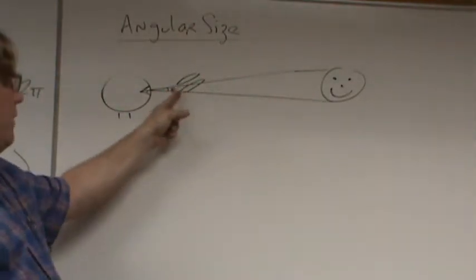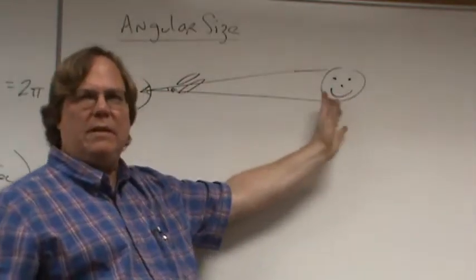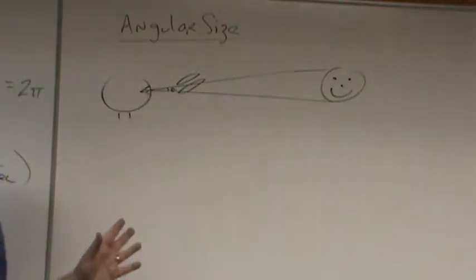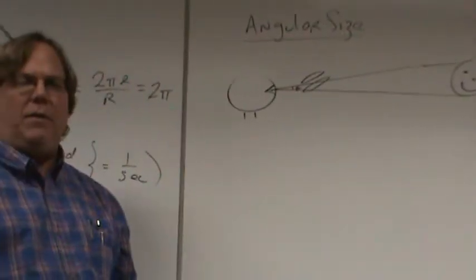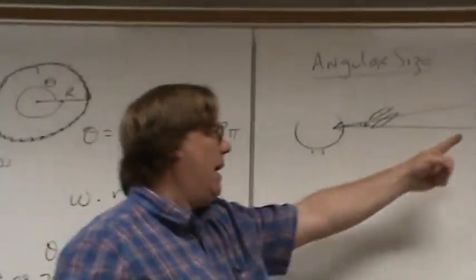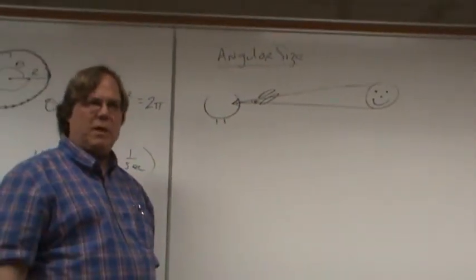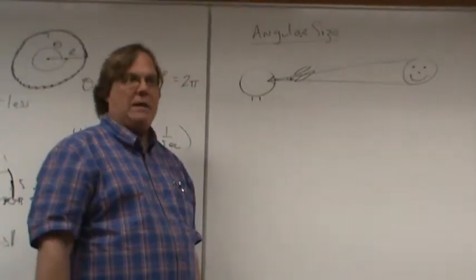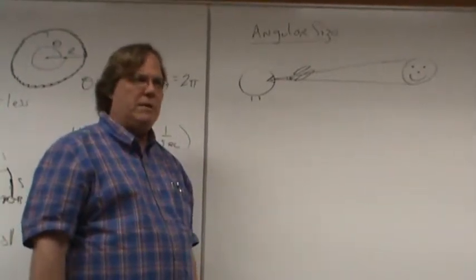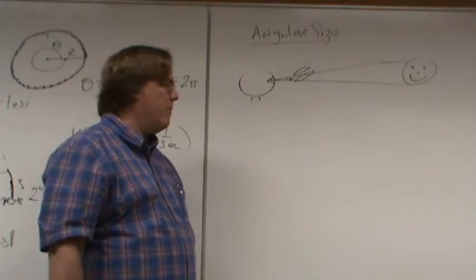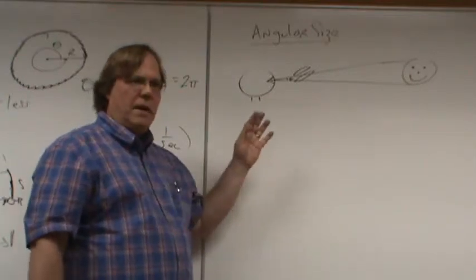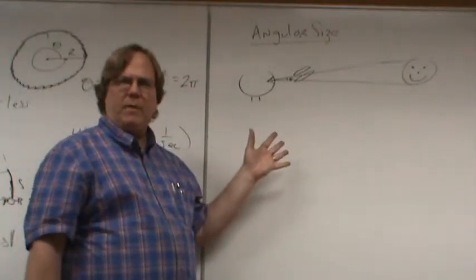The arc that my fingers subtend is the same as her head subtends. And this is the idea of angular size. Sure, her head is not the same size as the space between my fingers, but the angular size of her head is the same as the angular size of the space between my 2 fingers. And that's how we as human beings see. We see angular size. Any question or issue on that?